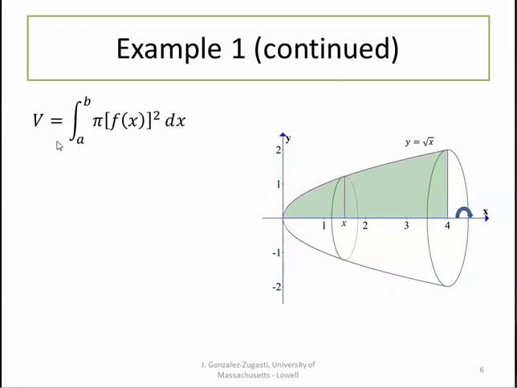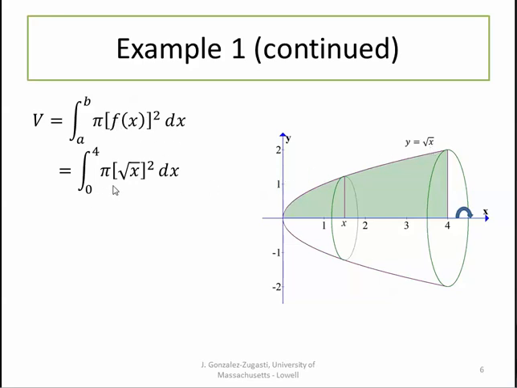So we get that our volume is equal to, the formula says, the integral from a to b of pi times f of x squared. a is where we start making our slices, and b is where we end making our slices. So we start here at 0, making our vertical slices like this until we get up to 4. So a is 0, b is 4, and our radius is our f of x, which is the square root of x.